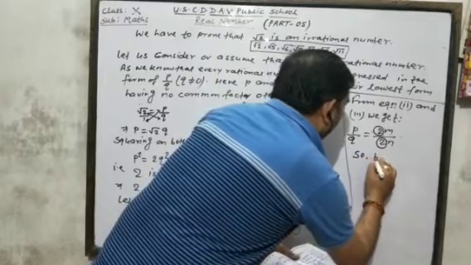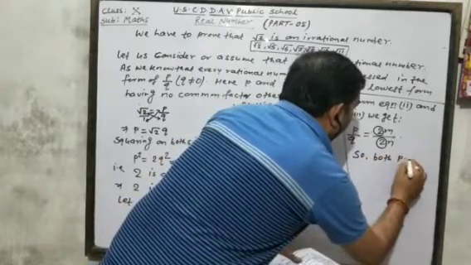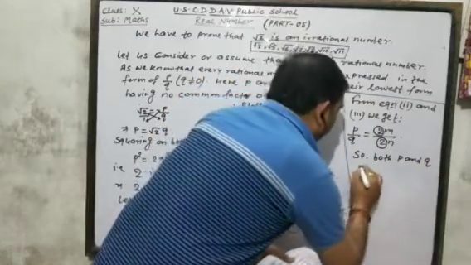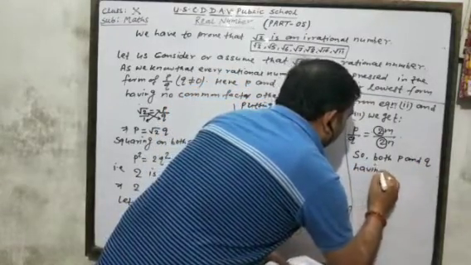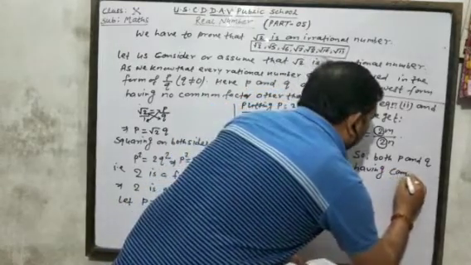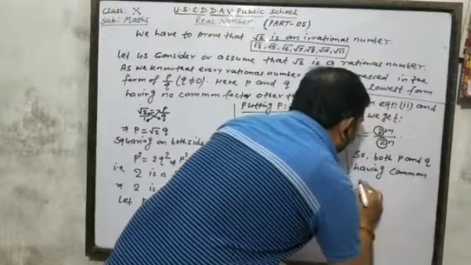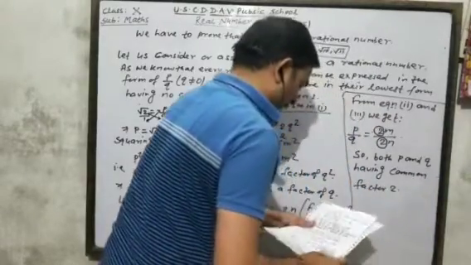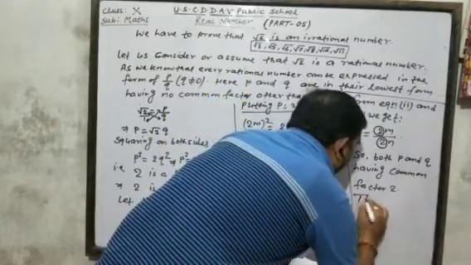So both p and q have a common factor 2, and this is a contradiction.